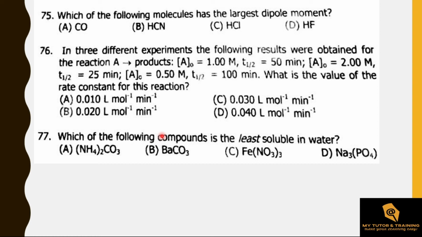For second order reactions, T half is equals to 1 by K times initial concentration of the reactant. ስለዚህ ያንን ፎርሙላ በመጠቀም T halfን እናውቃለን። ኮንሰንትሬሽኑን የመጀመሪያውን ብንወስድ K is equals to 1 by T half times initial concentration, 1 by 50 minute times 1 molar.